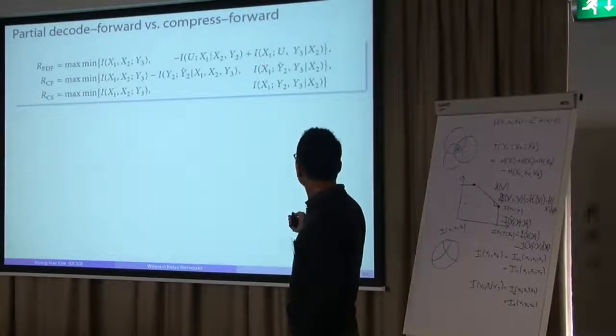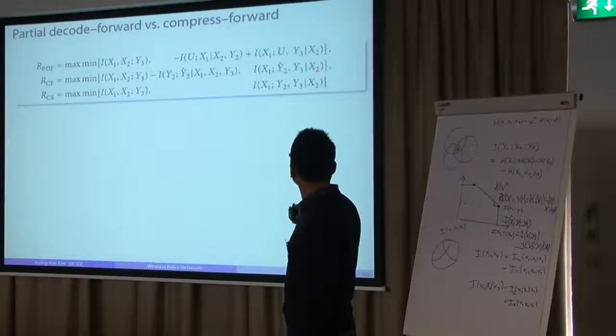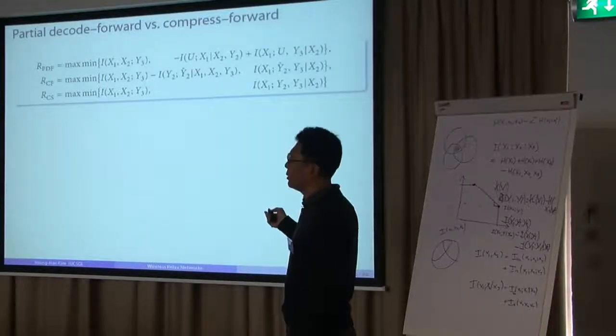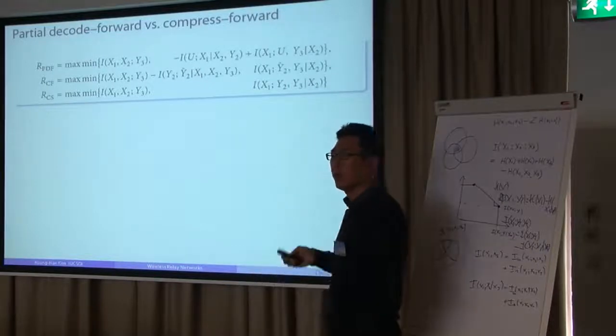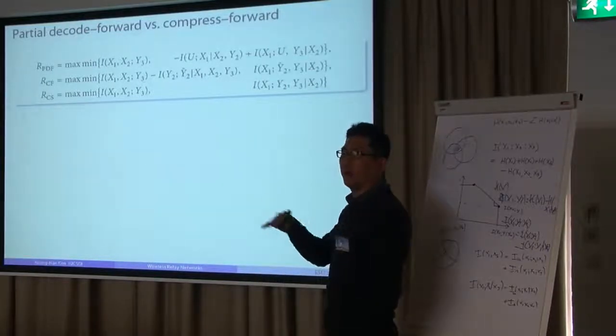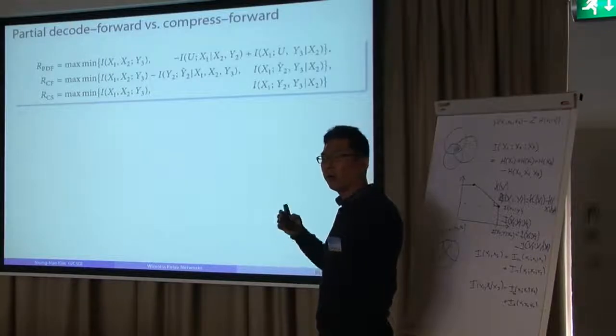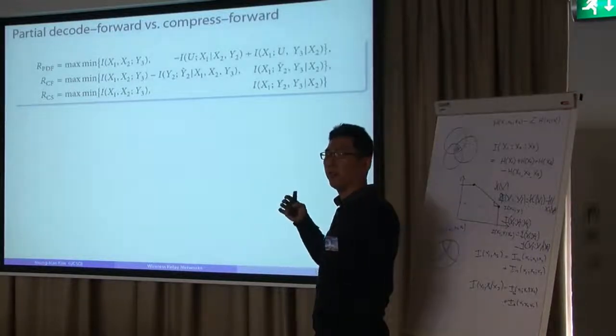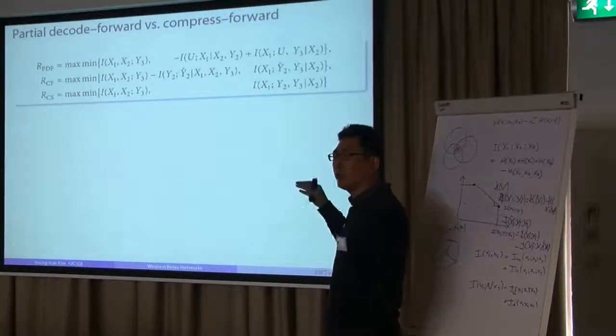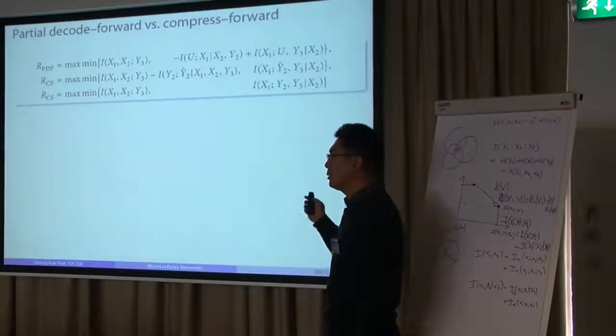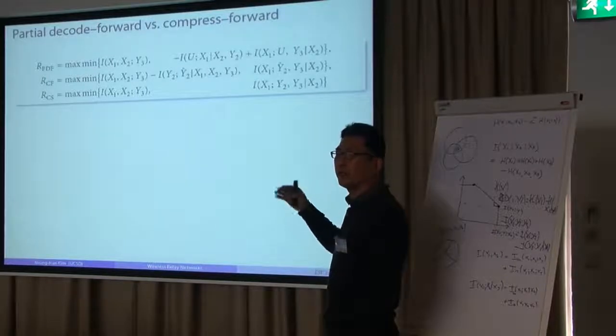And for the compress forward bound, the BC bound is essentially the same, except that here I use Y2 hat. And for the MAC bound, I have some penalty. Okay. So even though these two coding schemes are completely different, both philosophically and in the way they operate, their final results look essentially very similar, in some sense dual to each other.